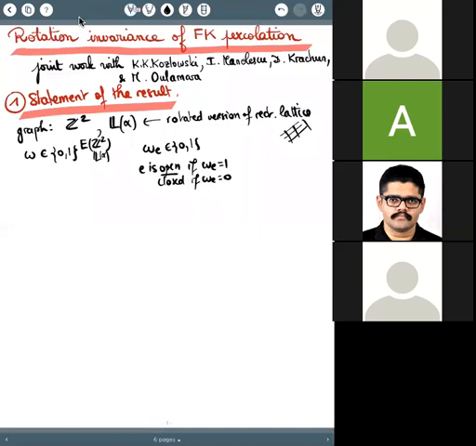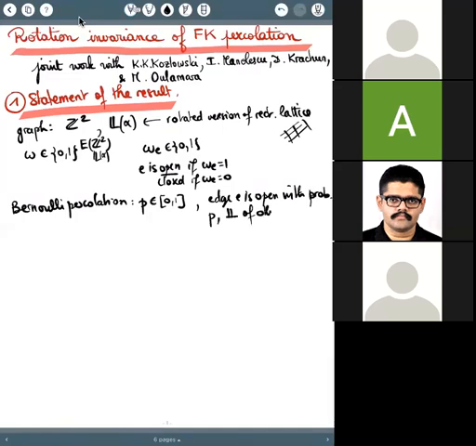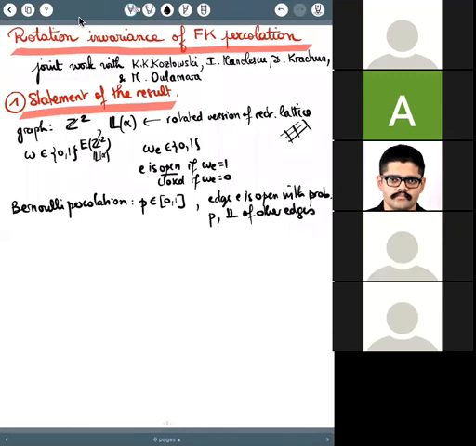Okay, and I'm going to take it at random. And typically for Bernoulli percolation, what I do is that I pick a parameter, p, which is between 0 and 1, and I just say that an edge e is open with probability p independently of other edges. Okay, so every edge is either open or closed.